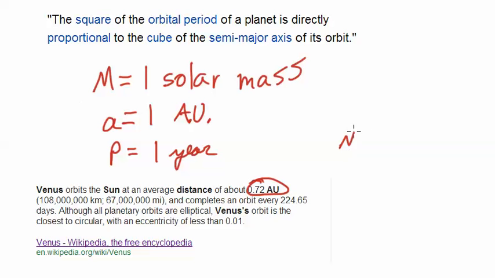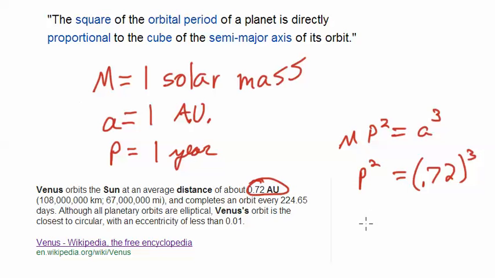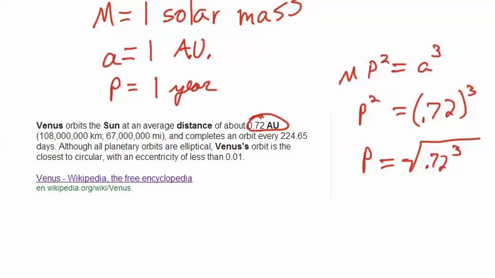So if I plug that into our equation, m p squared equals a cubed, with 0.72 cubed here, and m is 1, we'll have p squared equals 0.72 cubed, or p is equal to the square root of 0.72 cubed, which comes out to be what?